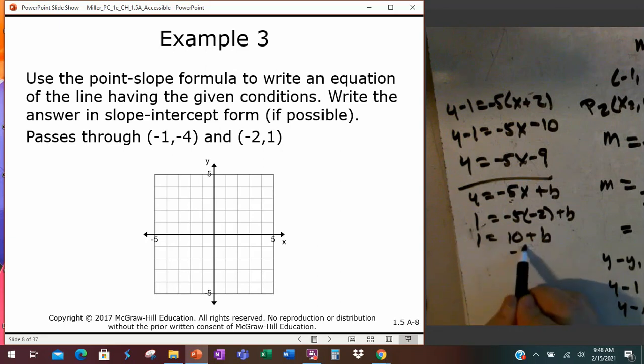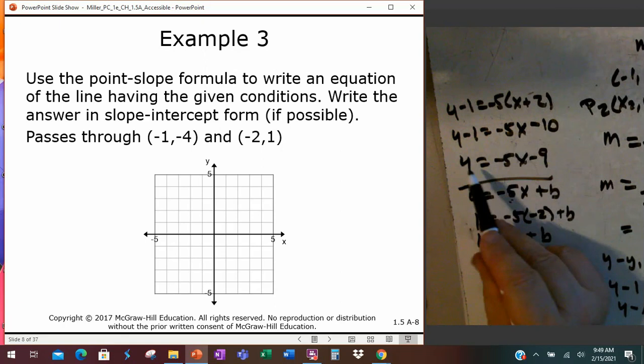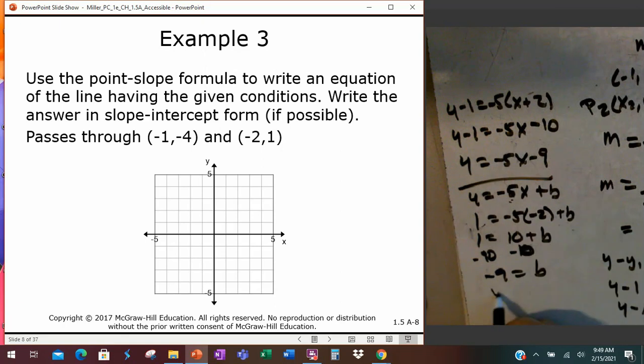And then I subtract a 9 from both sides, and I get that negative 9 is equal to my b. I was thinking ahead too far. Okay, which gives us the very same thing: if I finish this up, minus 5x minus 9.